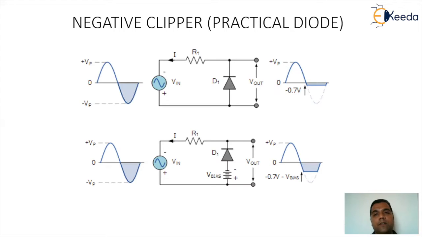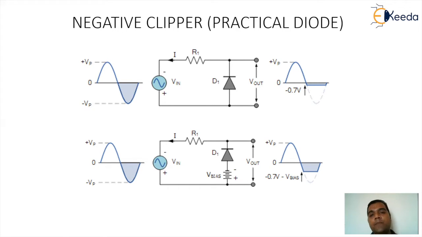Now if you observe, when I go for a practical condition, the diode under practical condition will show you a drop of 0.7 volts under forward bias. So if a diode is forward bias, it will have a drop of 0.7.